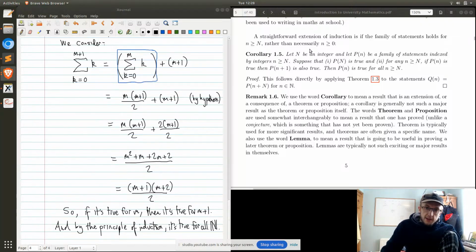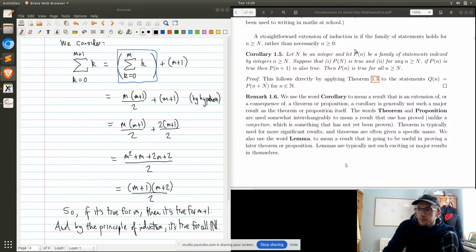So what is this actually saying? This is saying that basically you don't have to start at 0. You can use the principle of induction, and you can just start from anywhere in the natural numbers.